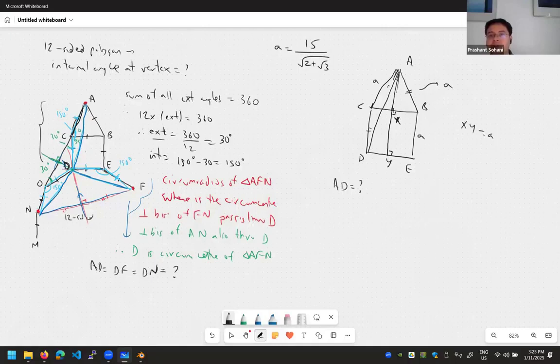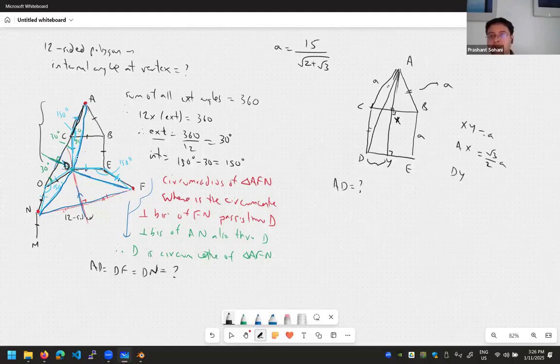That is the same as the length of the square, because that's just the distance between the two opposite sides of my square. And AX is root 3 by 2 times A. Why? Because that is just the altitude of the equilateral triangle. So again, by 30, 60, 90, you see that AX is root 3 by 2 times A.